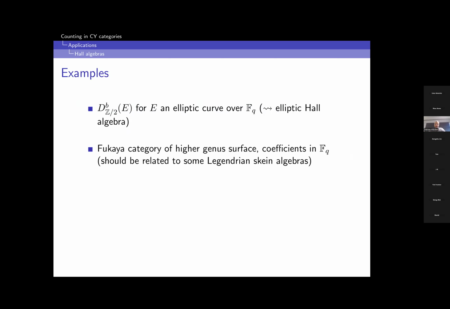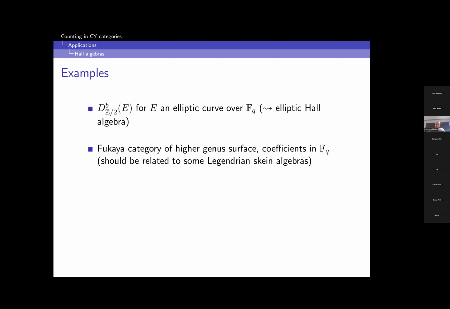That thing is not Z-graded if the genus is bigger than 1, but only periodically graded. And so we can now define a Hall algebra of that Fukaya category. And I believe it will be related to some Legendrian skein algebra. But I don't know the precise statement.